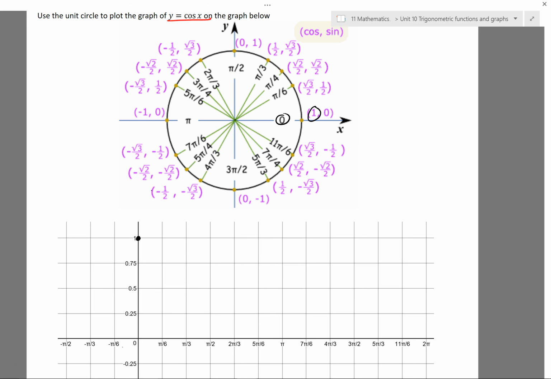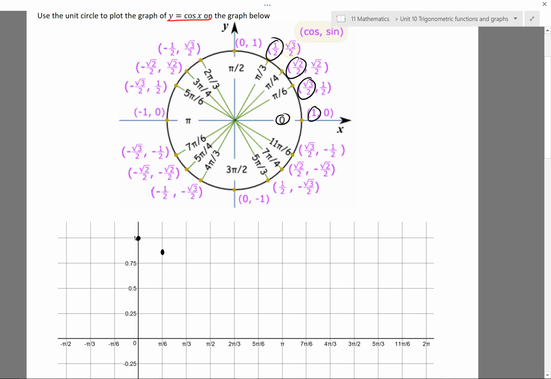Then we'll go around this unit circle to pi on 6, pi on 4, pi on 3, etc., and mark these points at the corresponding angle. Cosine of pi on 6 is root 3 on 2. Go to your calculator, it's about 0.866. So I can mark it about here somewhere, and keep going around.